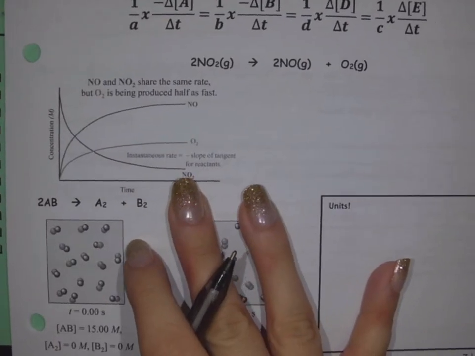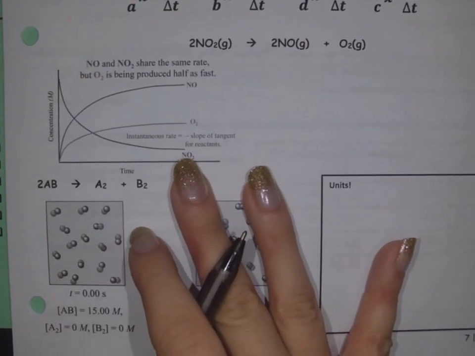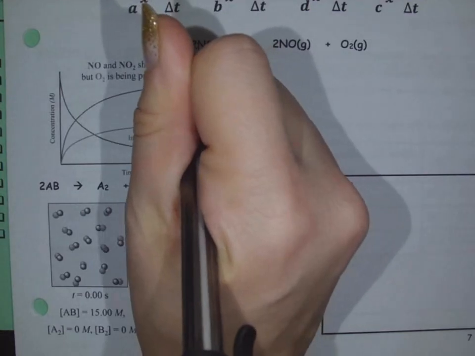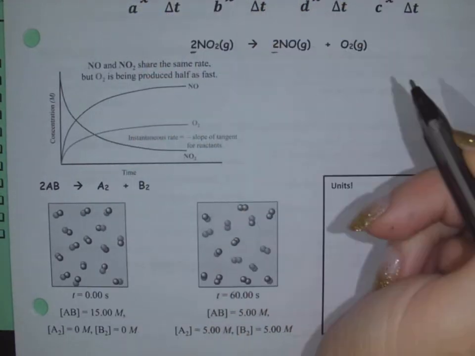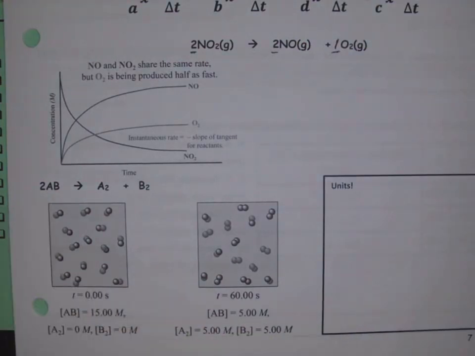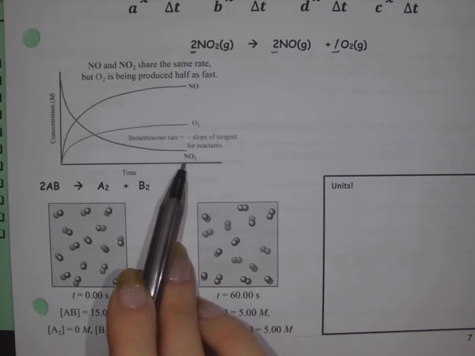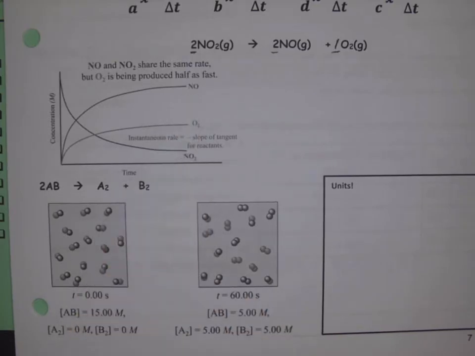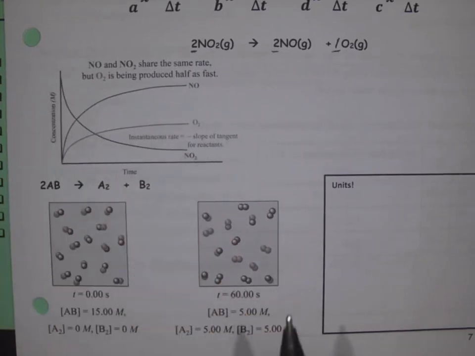So back to this idea. And I have a new reaction for you. So we have a coefficient of 2, and then of 1. And then look at the graph here. And what if these were not labeled? NO2, O2, and NO. Could you tell me which line represents which species?